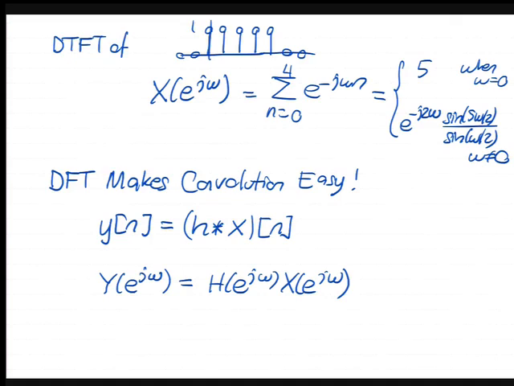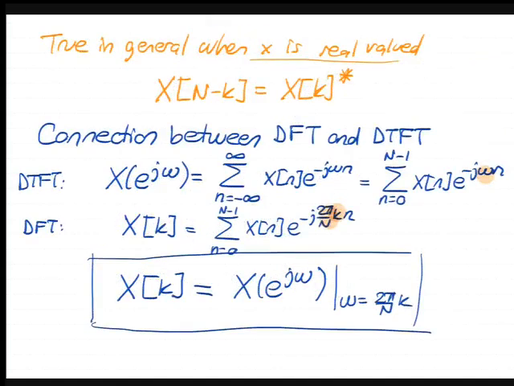Easy, but be careful. I went a little too fast. When we made this connection, remember, I made this important assumption that outside of the interval from 0 to N minus 1, x of n is 0. It's finite length. Moreover, I selected my N when doing the N-point DFT to be at least the same as the duration. That assumption is critical in making this connection.